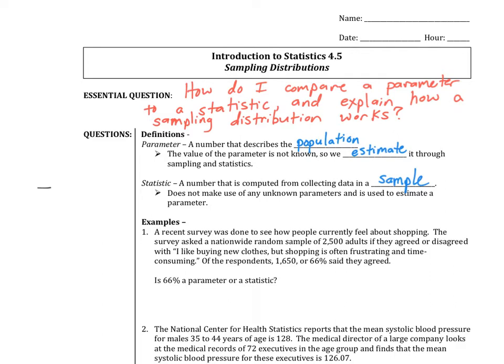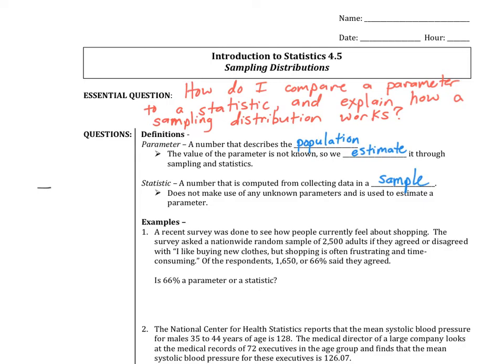But that would just be a statistic on just the 10-year-olds that go to Gunderson Hospital. It would not be a statistic on all the 10-year-olds in the entire world. So a parameter is describing a population through an estimate. A statistic is a number computed from a sample of people. A sample will be a smaller number of people, not the millions and millions of people in the world.